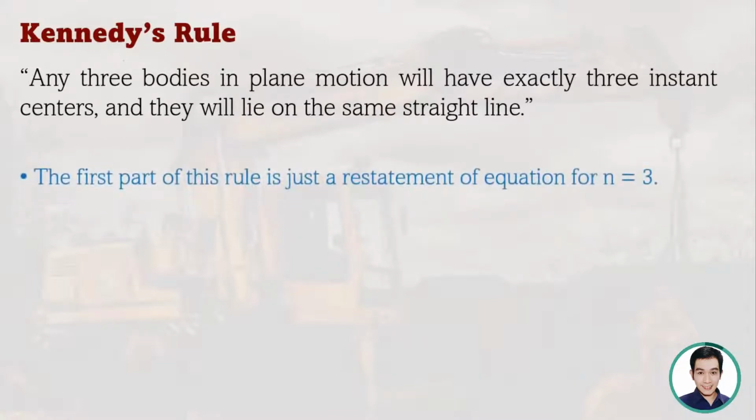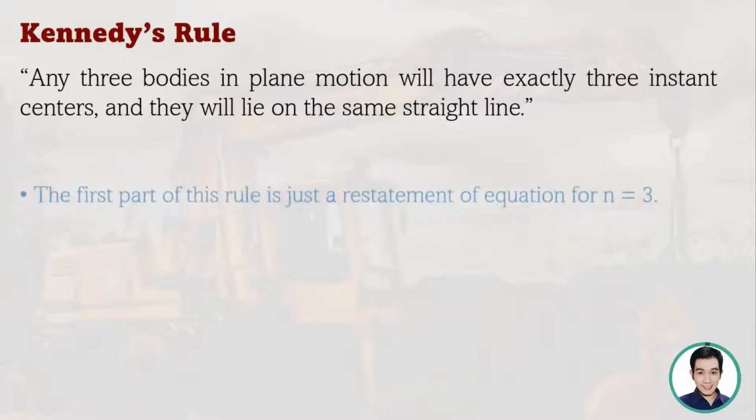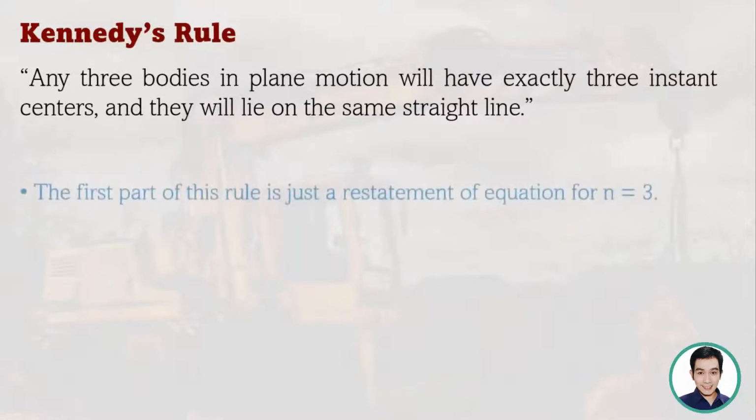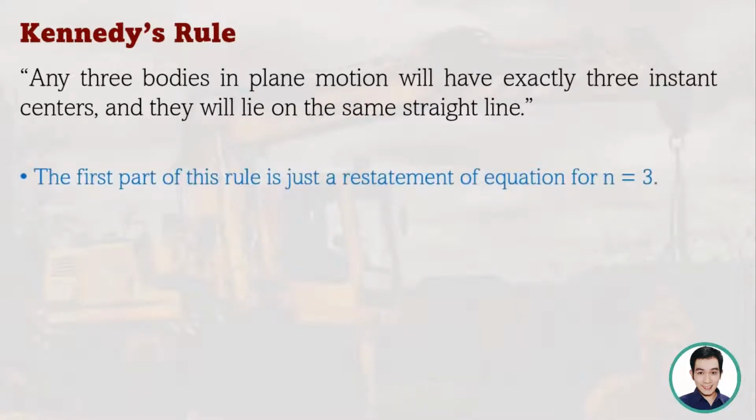If you substitute 3 in the formula, you will still obtain 3 instant centers. These 3 instant centers, if they are in plane motion, will lie on the same straight line.